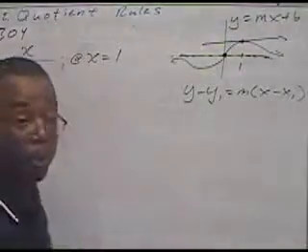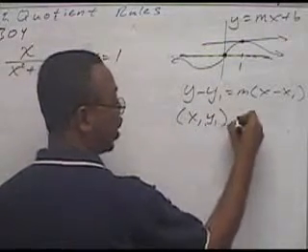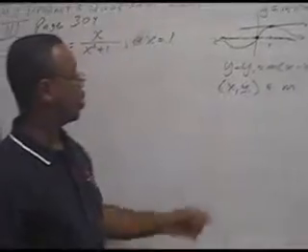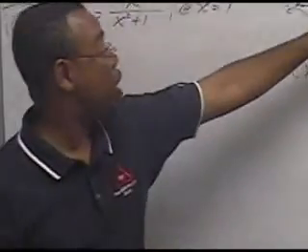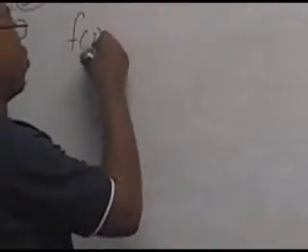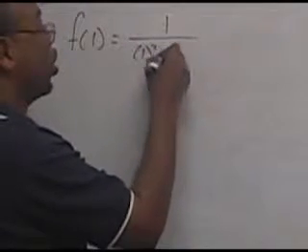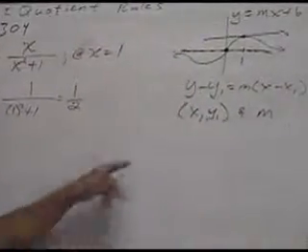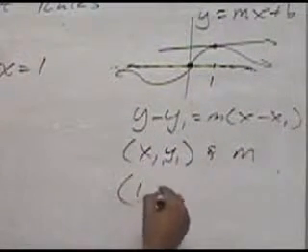For this point slope formula, we'll need a point and we'll need a slope. Okay. So for a point, we can plug x into this equation and get the y coordinate from there. So let's do that. f of 1 equals 1 over 1 squared plus 1, which is 1/2. So the point there will be input 1, output 1/2.